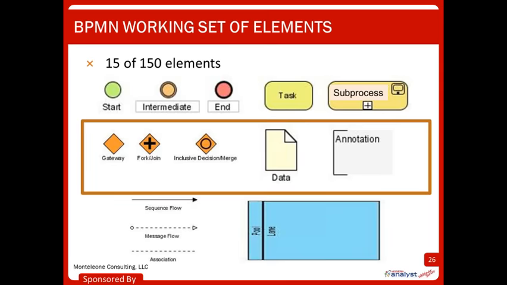However, these diamond shapes are the gateways that show what are the various paths that we take in terms of a process based on a previous decision. You may remember that if you've done anything in, let's say, flowcharting, these diamonds at one time were called decisions, decision diamonds.